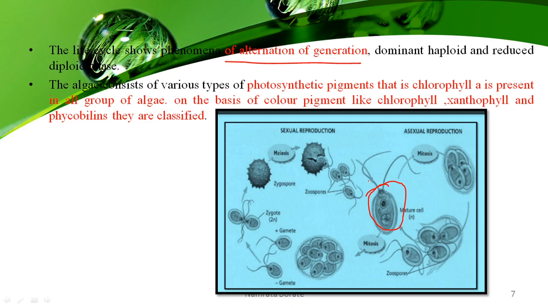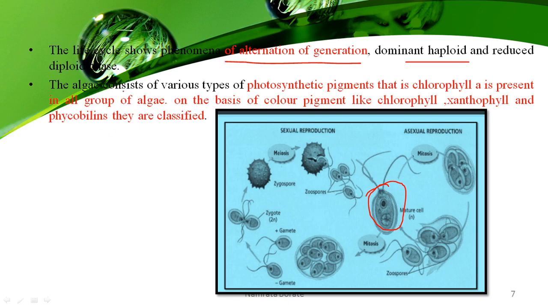But the diploid phase, the sporophytic phase, is a reduced phase, and this sporophytic phase depends on the gametophytic phase. This dominant haploid means the gametophytic phase is the dominant one, and the diploid sporophytic phase is the reduced one.